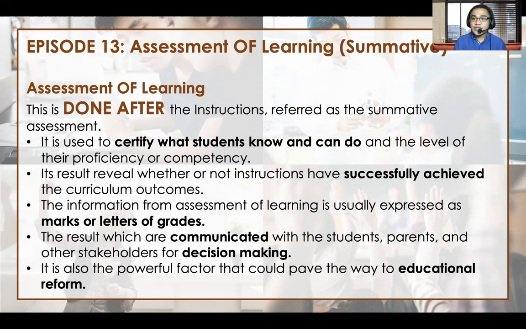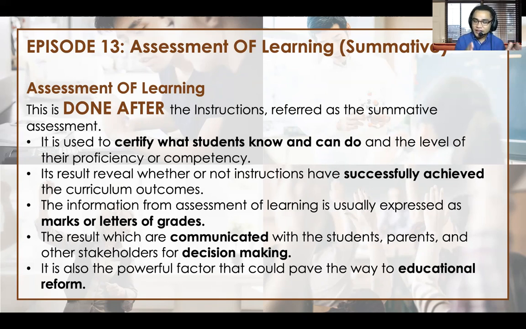So using the summative assessments, this could actually certify, this could actually prove if these students were able to attain these competencies. And then the results would also reveal if the instructional tools are effective.